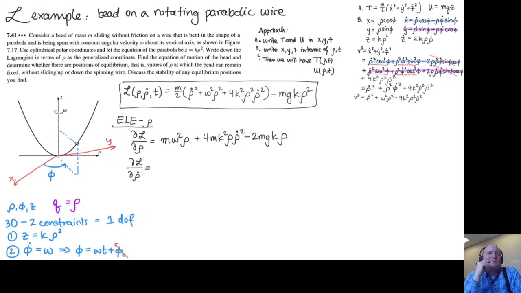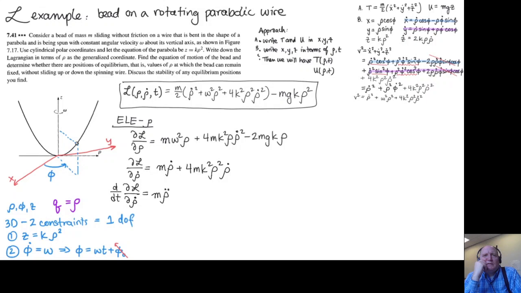We similarly look at the partial with respect to rho dot, and we get the following: m rho dot plus 4 mk squared rho dot, and that's it. The final piece is that we have to take the time derivative of that second partial, and we get m rho double dot.